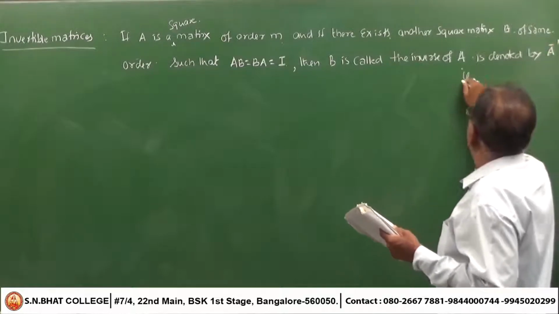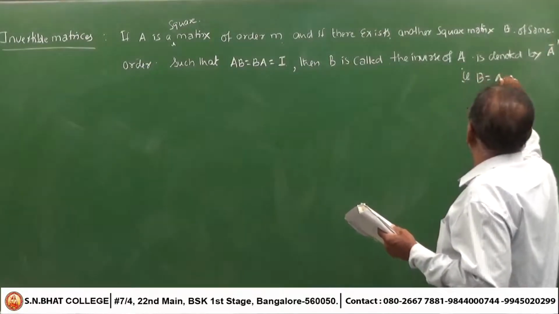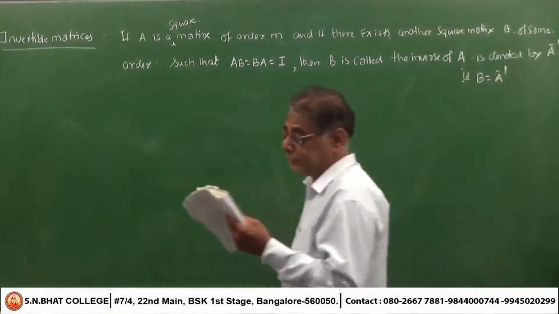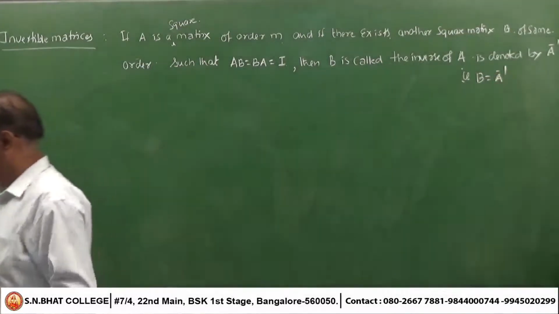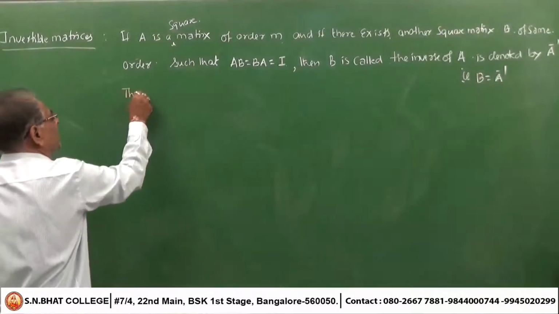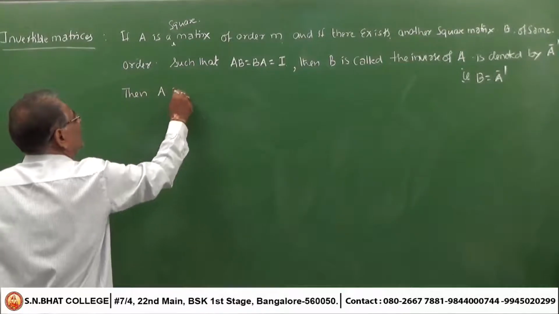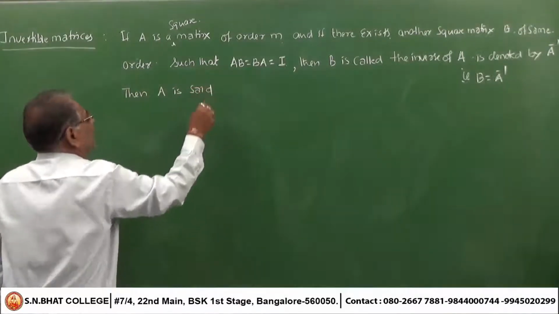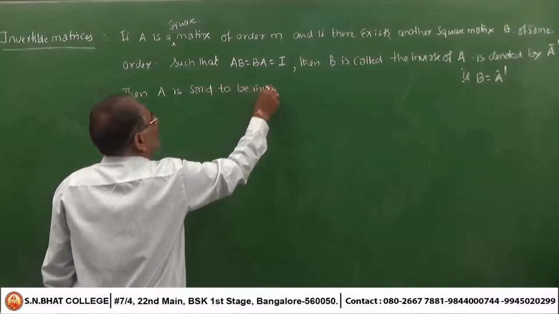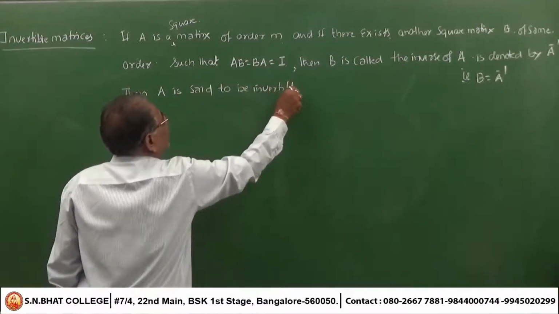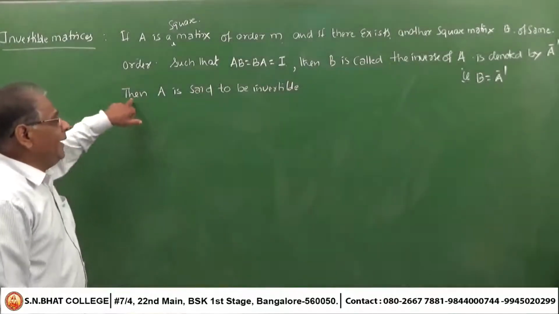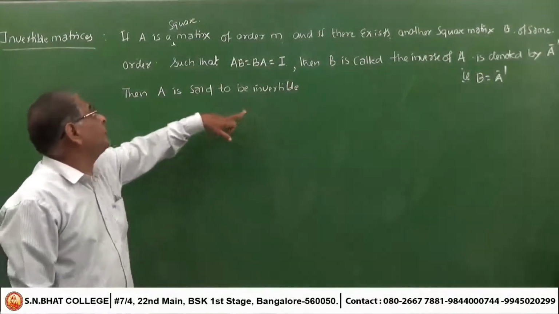That is, B is equal to A inverse. Then A is said to be invertible. Invertible means inverse exists.